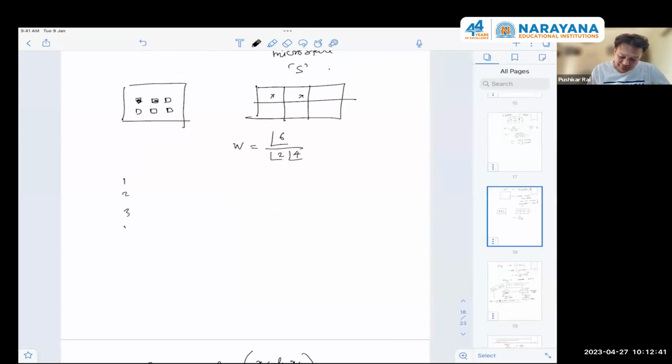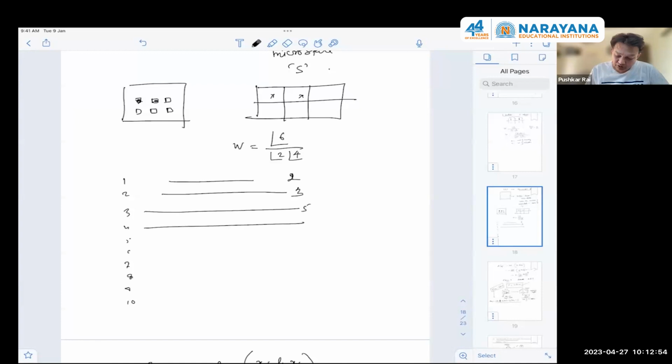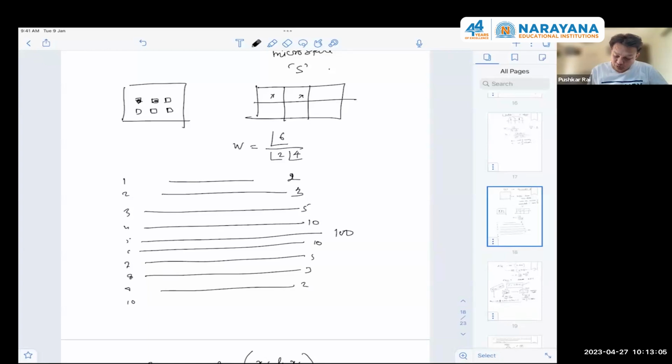In number 1, there are only 2 ways of exchanging things; in 2, 3 ways; in 3, 5 ways; in 4, 10 ways; in 5, 100 ways. Suppose it is symmetrical, then this is 5, this is 3, this is 2, and this is 1. What do you think, in which state will the system spend most of the time? This state.